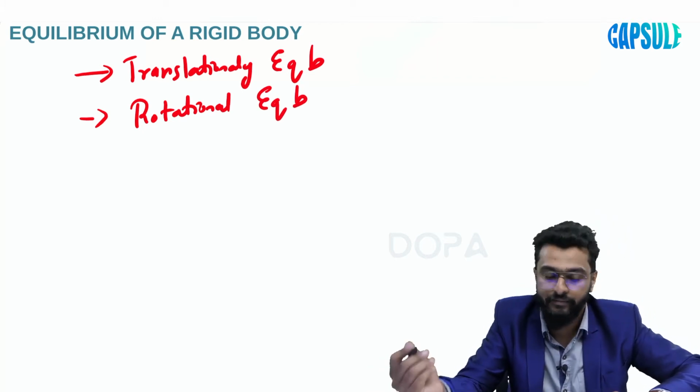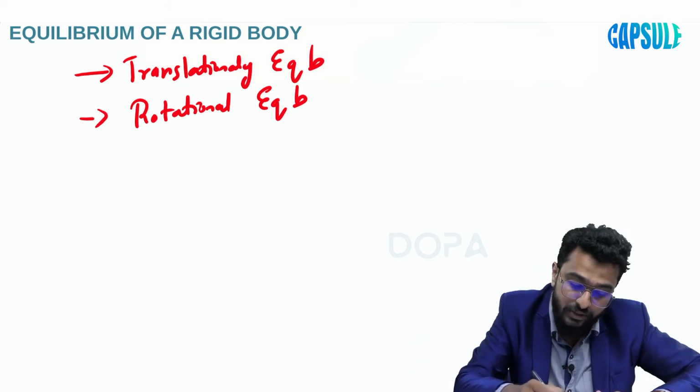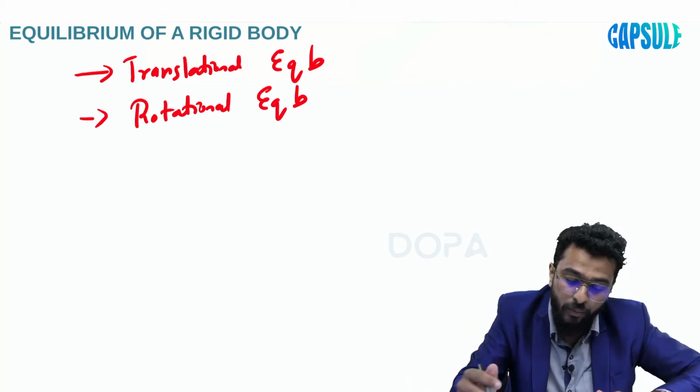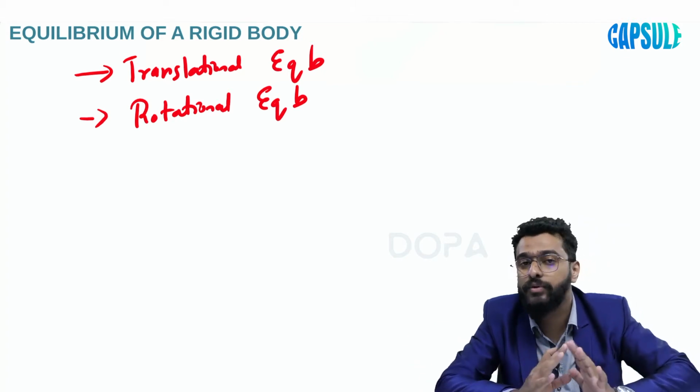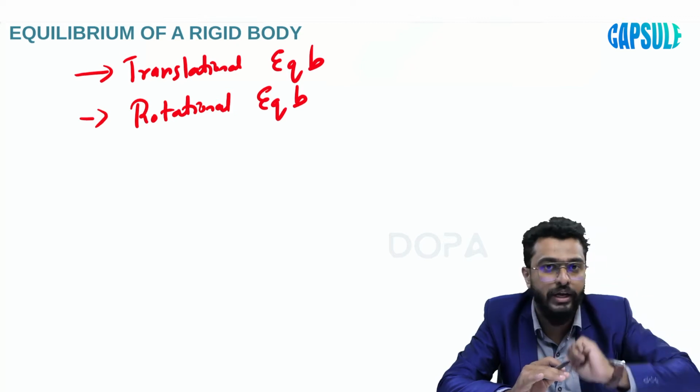Translational equilibrium means no translational motion, and rotational equilibrium means no rotational motion.